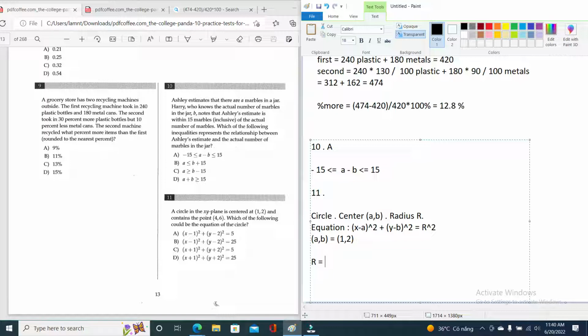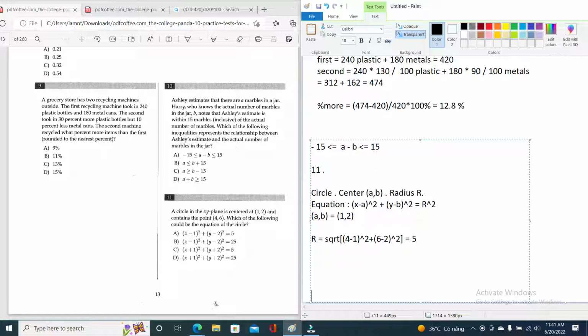So it's the distance between (1, 2) and (4, 6). So that's the square root of (4 minus 1) squared plus (6 minus 2) squared. That's 3 squared plus 4 squared, which is 5 squared, and we take the square root, so r is equal to 5.